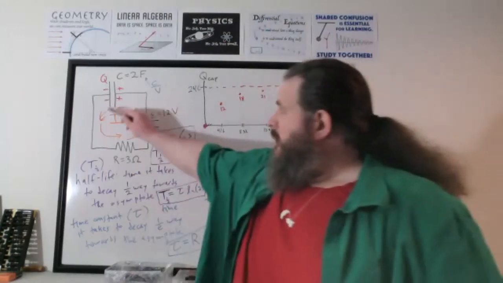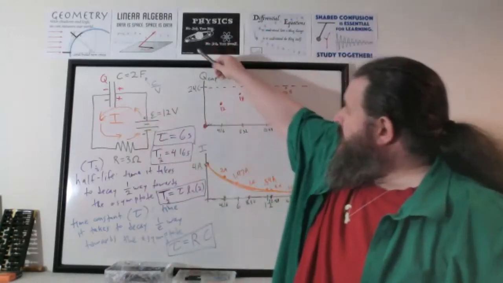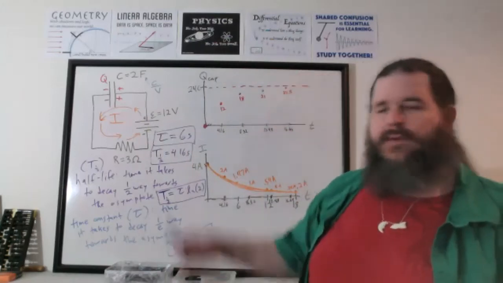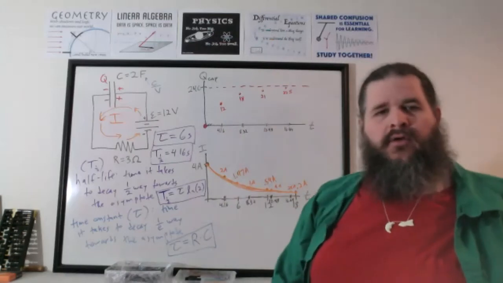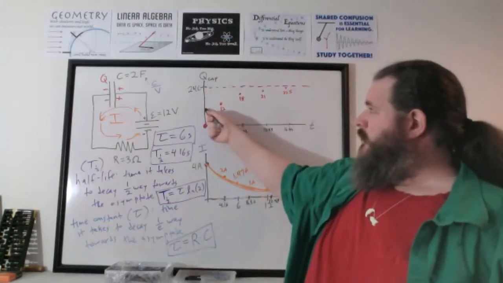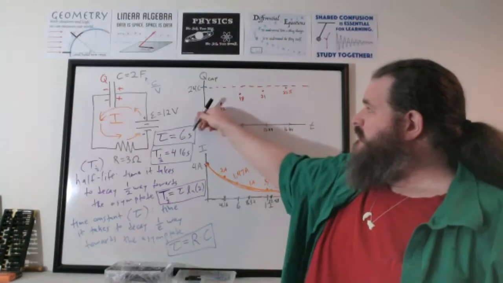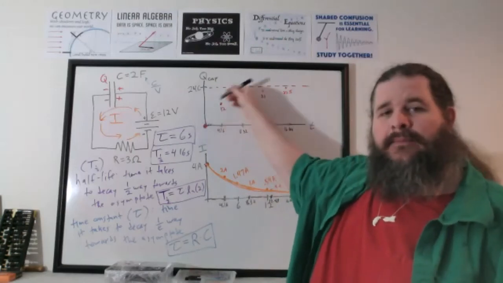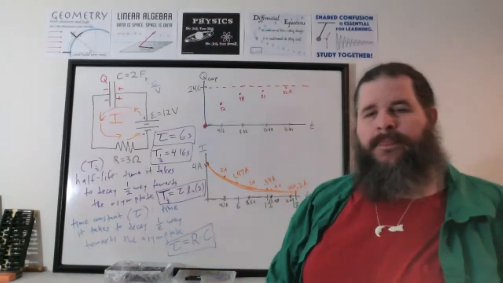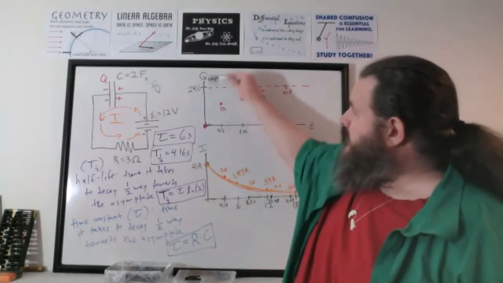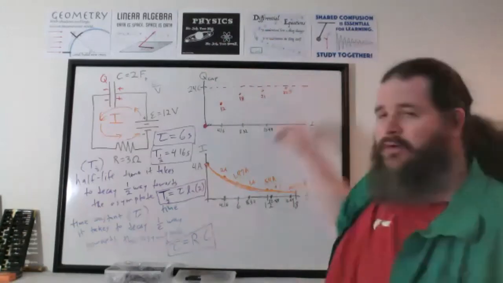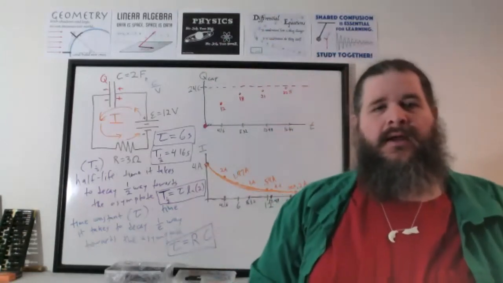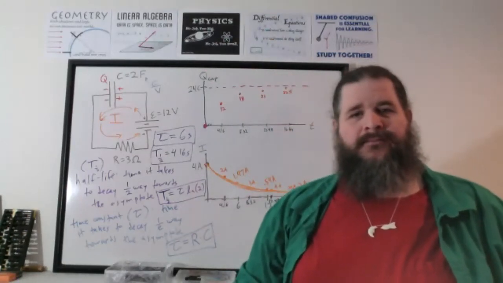And the capacitor is going to discharge until it reaches 24 coulombs. So we get exponential decay from above towards 24 coulombs. Or if it starts with anywhere less than 24 coulombs, even if it started off partially charged, it's going to exponentially decay upwards towards 24 coulombs. But regardless of how much charge it starts with, in this circumstance it's going to decay towards 24 coulombs, whether that's from above or below, because that's the equilibrium value.